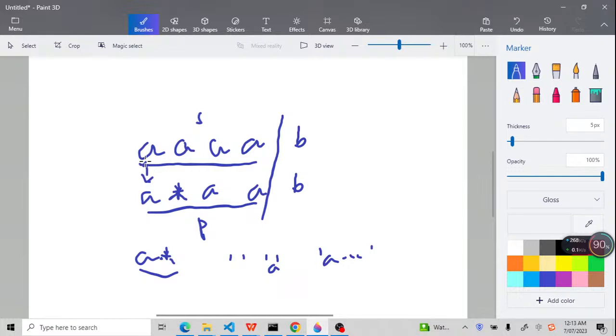The first one we can check is A and A. But before we check A and A, we should always check if the next character of A is a star, because it has a meaning. For a single character with a star, there's a meaning, so we have to consider it as one unit. So A star and A.